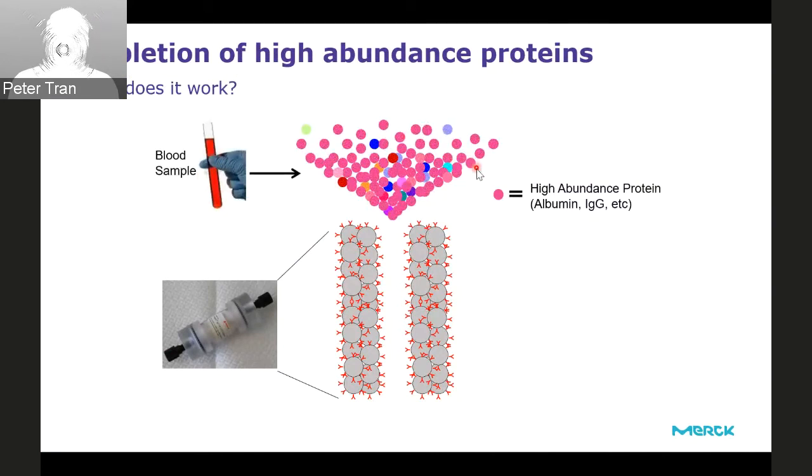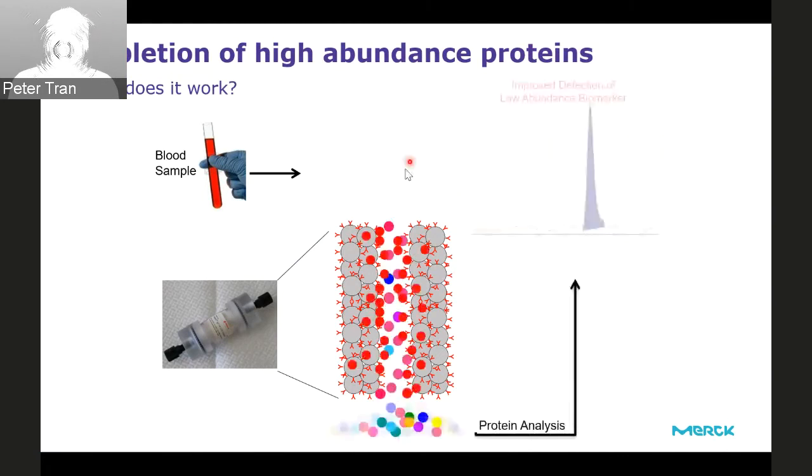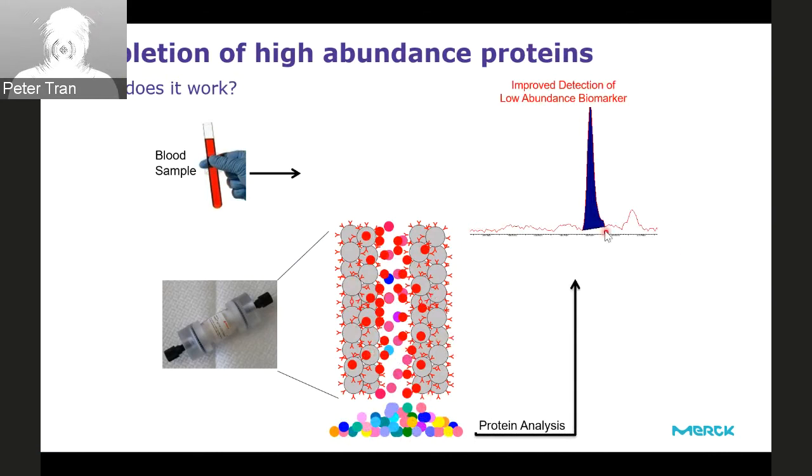And if you don't do depletion and run the mass spec, you can see this is the target peak, and there are also a lot of other peaks that mask the target peak. You see this before depletion. When you do depletion, you run the sample through the column, so it captures all the highly abundant proteins, and then you collect the flow-through and run it on the mass spec. You can see that only the target peak comes up. That improves the detectability of the target protein.